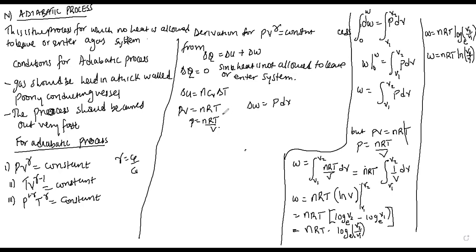So when I put this P here, I'll have nRT over V times dV. When you substitute into the thermodynamics law, we shall have 0 is equal to n Cv delta T plus nRT over V times dV.